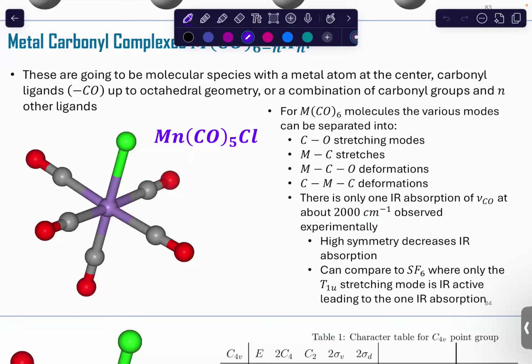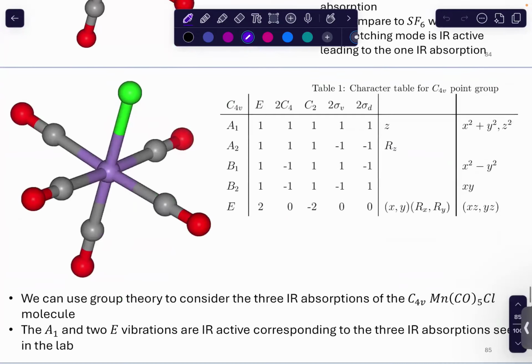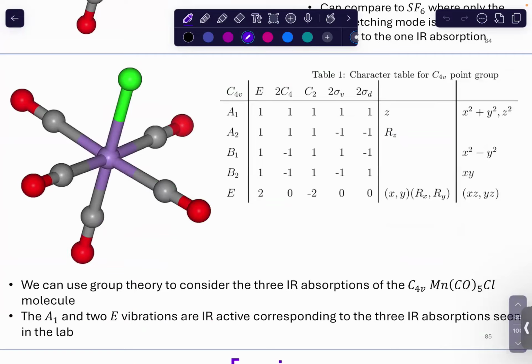So you can compare these to the infrared activity of sulfur hexafluoride. Oftentimes you'll compare your readings to a simpler molecule, and you'll start to pick things apart that way. We can use group theory to talk about the IR absorptions.